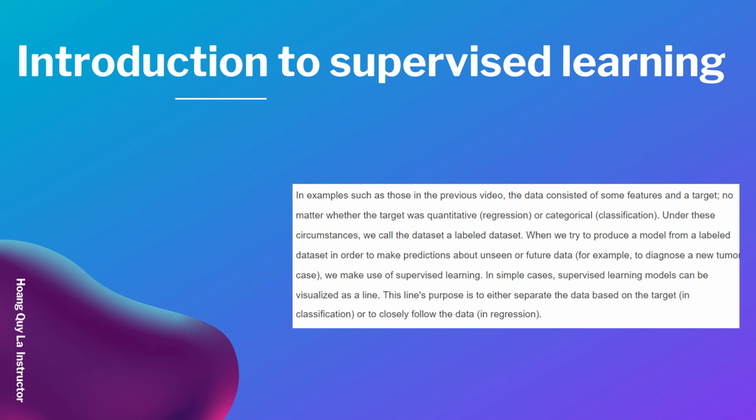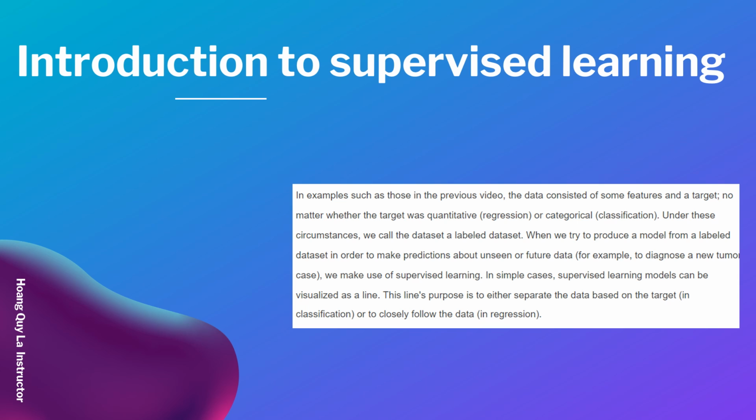When we try to produce a model from a labeled dataset in order to make predictions about unseen or future data, for example, to diagnose a new tumor case, we make use of supervised learning.